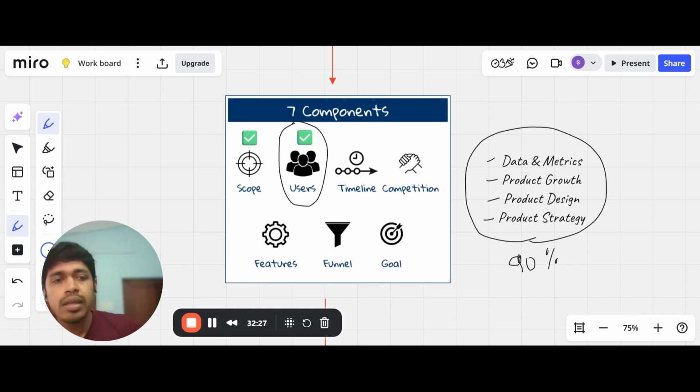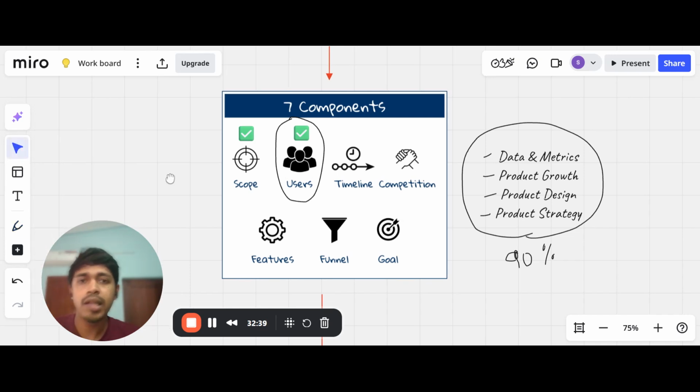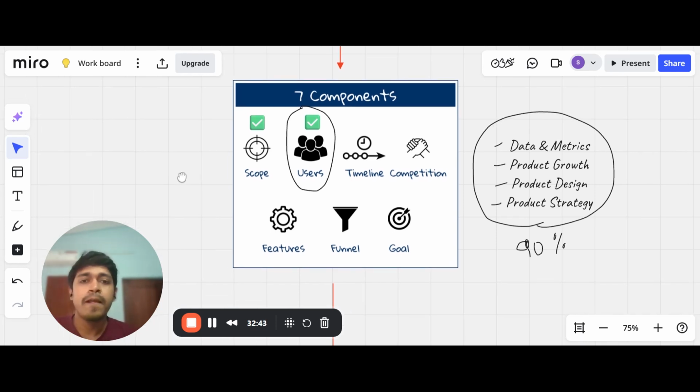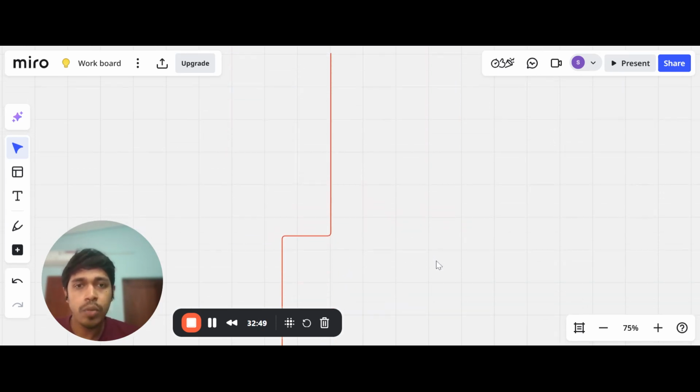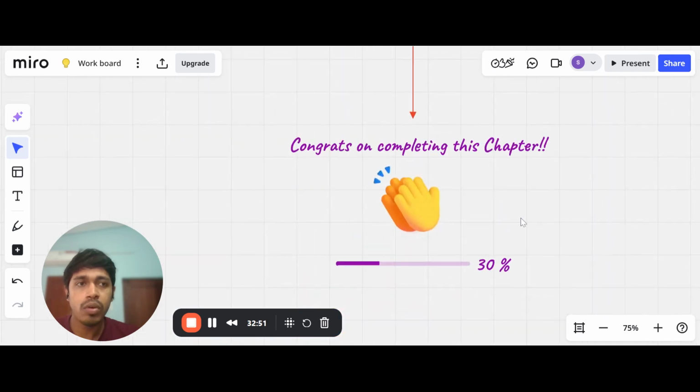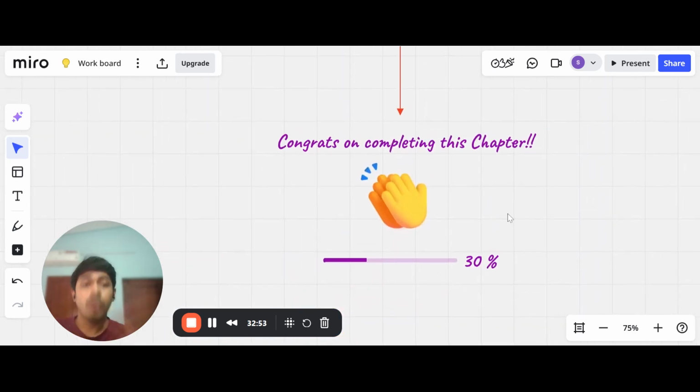For a beginner, this is enough. What matters is the structure you have, the way you solve the problem. You don't have to get to the right solution always. You cannot do that, because product management is not an objective kind of thing. It's very subjective. But structure is what matters. So I'm trying to give you the structure, right? I hope you will follow up on this.